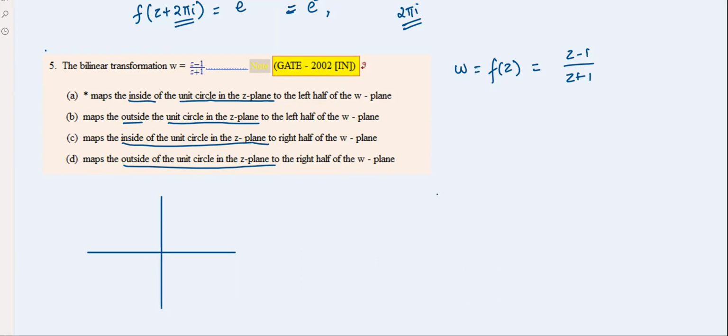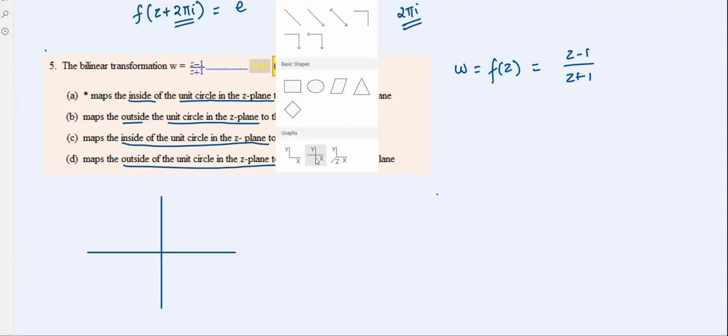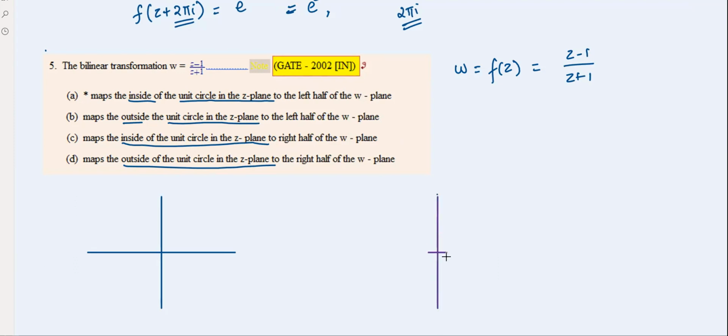On the W plane, how does it reflect? So this is Z plane and this is W plane.